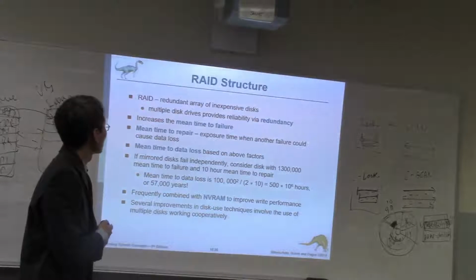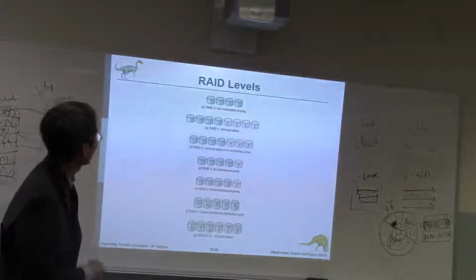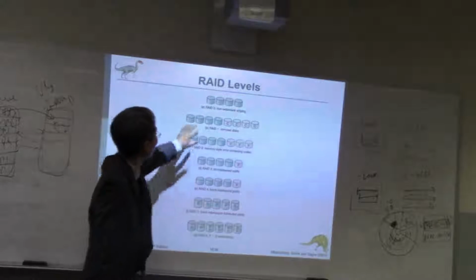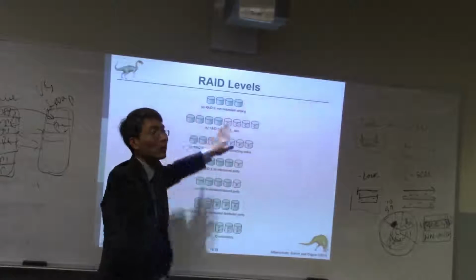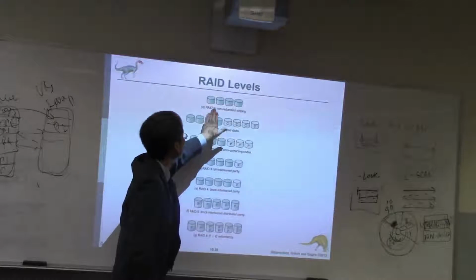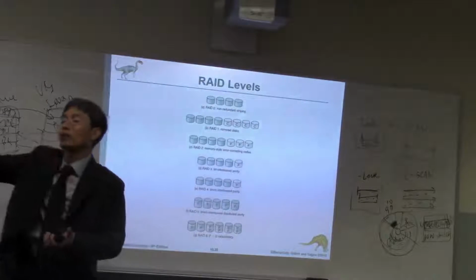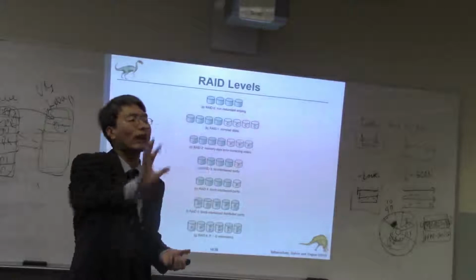So this is not a big issue, but only RAID 0 and RAID 1 are used. RAID 1 means it's a mirrored copy, as I said. And 0 means it's striping. Striping means distributing the data. Why do we need to distribute the data?